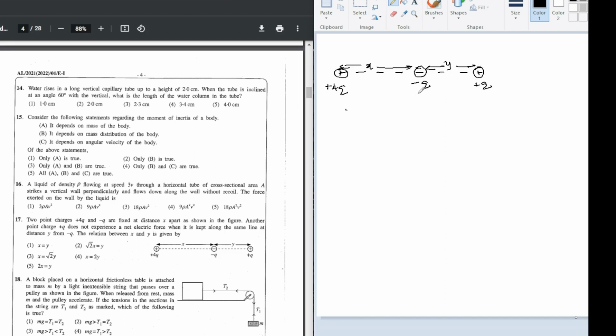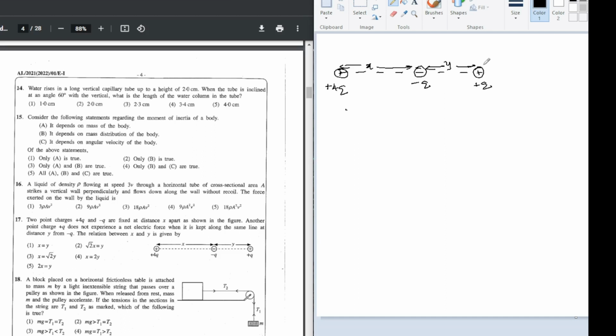They are asking for the relation between x and y. They are saying this plus q charge does not experience a net electric force. That is, there is no electric field strength. Since there is no electric field strength, it cannot experience a force.